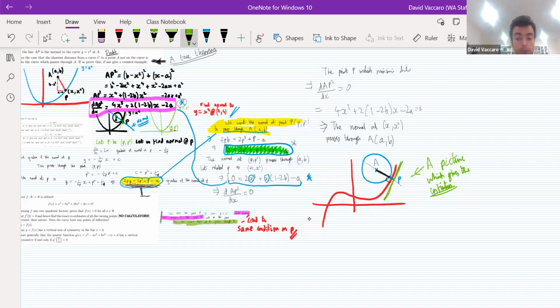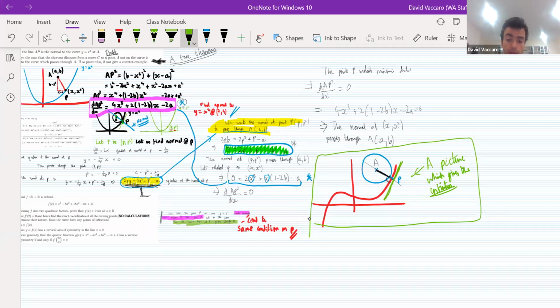And I think this picture in this case is very, very compelling. It is very compelling that the circle being a tangent to a curve is going to imply that the tangent to the curve is also the tangent to the circle, which means that the radius of the circle lies on the normal.